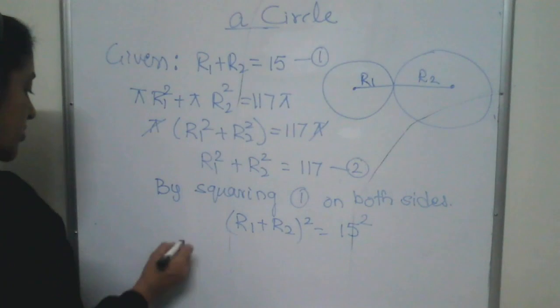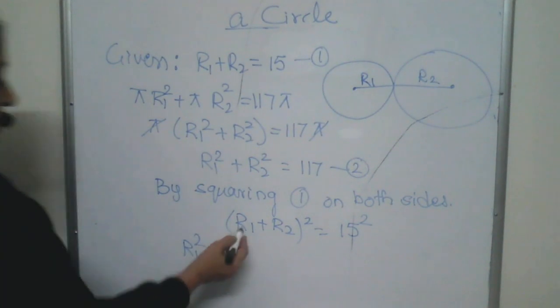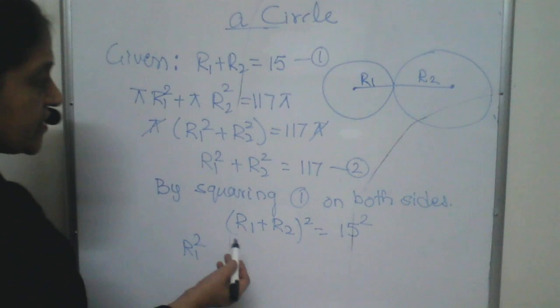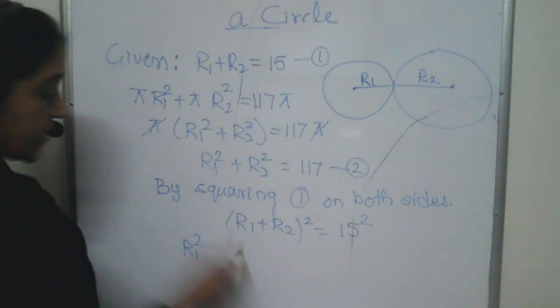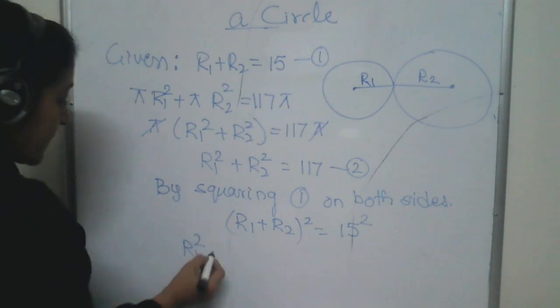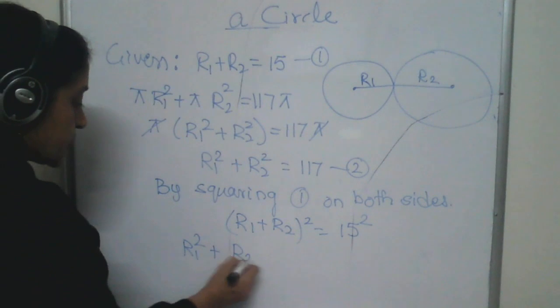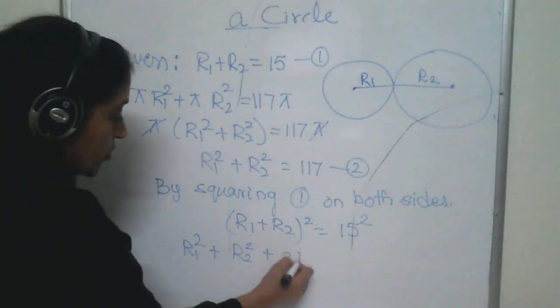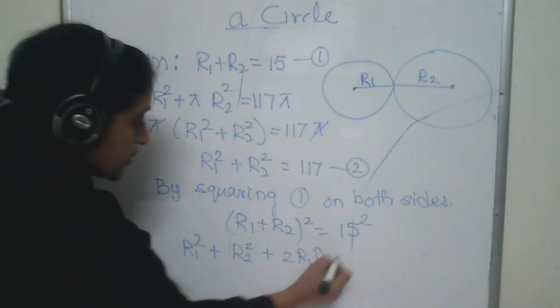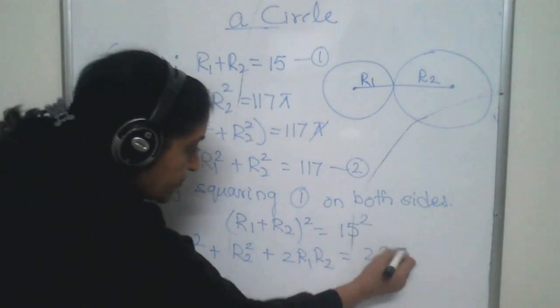It is like a plus b bracket raised to square. Do we have to write the identity? No, not necessary. r1 square plus r2 square plus 2r1 r2 is equal to 225.